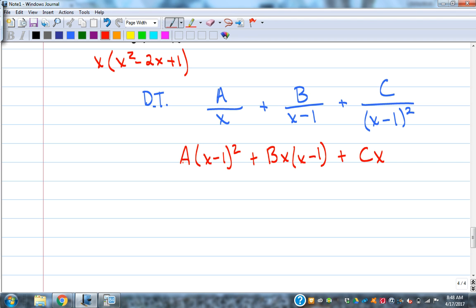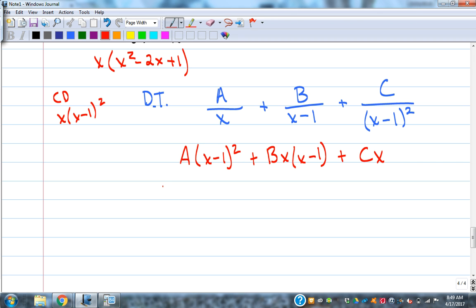All right, so the common denominator would be X minus 1 squared. This fraction already has the X, so it needs both of those. That's why it gets that. This fraction has one of the X minus 1s, and it needs this X and another X minus 1, so that's why it's got X and X minus 1. This one already has the X minus 1 squared, it just needs that X there. And that's coming from that factored form that we got.